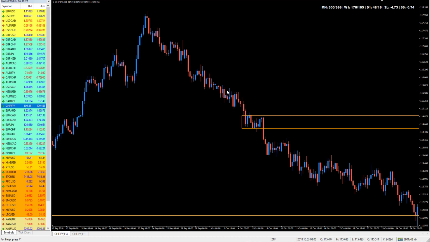This is interesting because price came down, we moved sideways. What does that mean? That means that people are pleased paying this price for this asset. That means that we have perceived value for the Swiss franc, Japanese yen at this price level. And then all of a sudden price leaves. What does that mean? Well, that means that people are willing to pay lower prices.